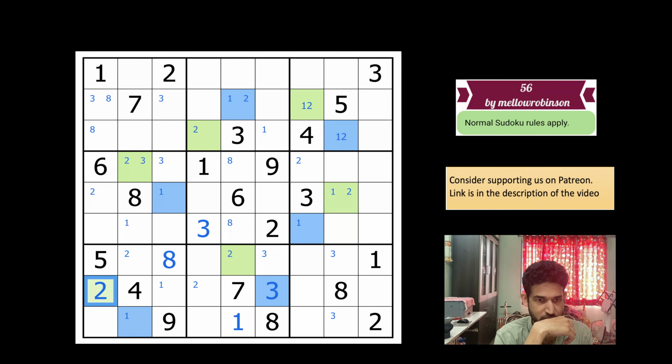I'm trying to see the shortest chain that would break this. Now 2 would be forced here, and that would force a 2 here, a 2 here, a 2 here, and a 2 here.